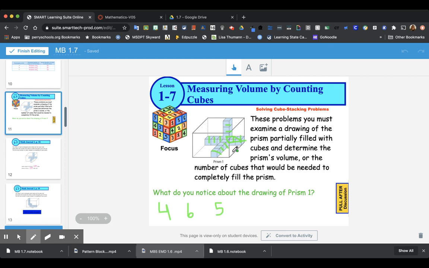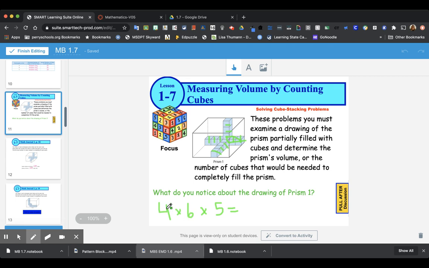So I know that it's going to be 4 rows high, 6 rows wide, and 5 rows deep. I'm going to actually multiply these 3 numbers together, because what this actually comes out to be is our formula for volume. Volume equals length times width times height.